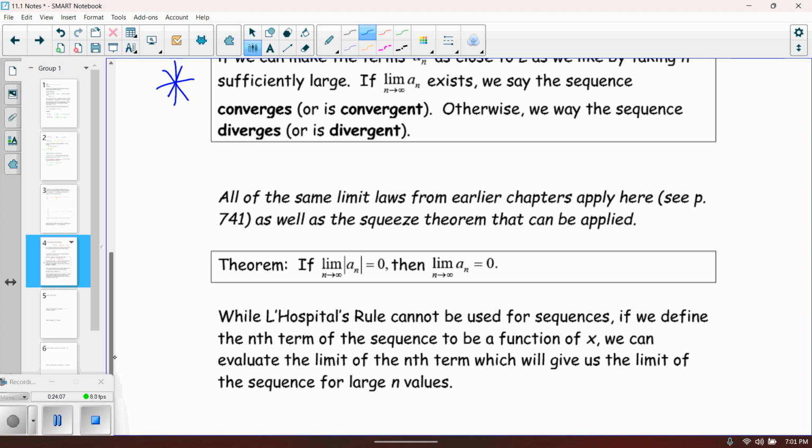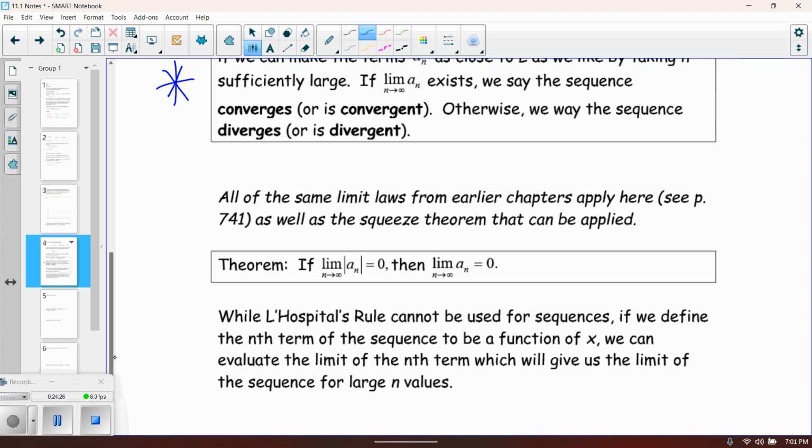And then there's this theorem, which says, if the limit as n goes to infinity of the absolute value of the terms of the sequence a sub n equals 0, then the limit as n goes to infinity of that sequence is 0.